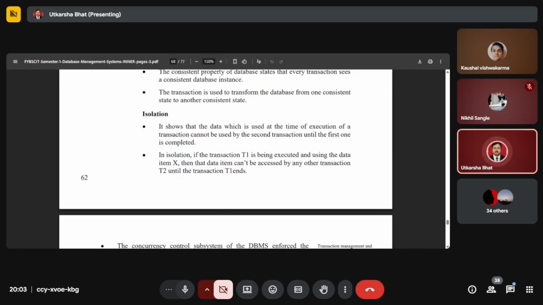In isolation, if the transaction T1 is being executed and using the data item X, then that data item cannot be accessed by any other transaction T2 until the transaction T1 ends.